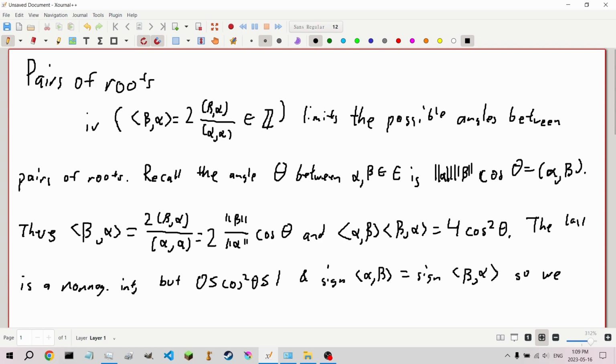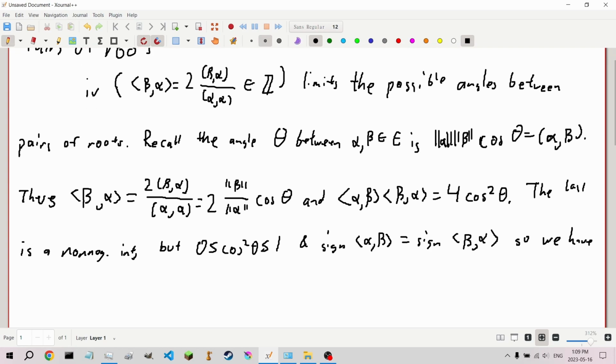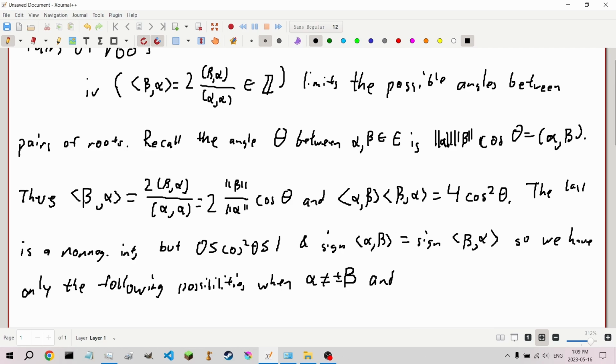So we have only the following possibilities, when alpha is not just a scaled version of beta, and we're going to assume without loss of generality that the size of beta is greater than or equal to the size of alpha.